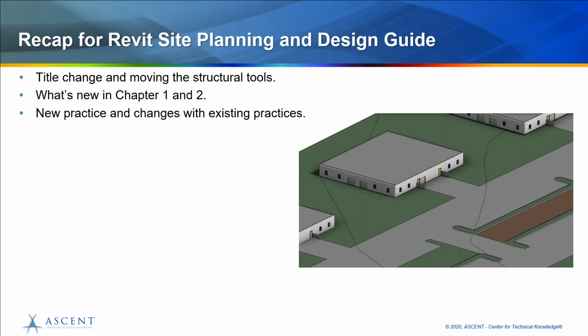We talked about changing the elevation base for contour labels and spot dimensions, and then as well as adding the cut and fill. And then I demonstrated the new practice in chapter 1 and modifying the topo surfaces practice in chapter 2. And then with an added bonus of the shared reference point add-in and showing my demo from my AU presentation.